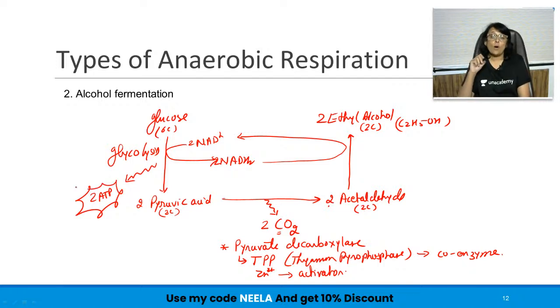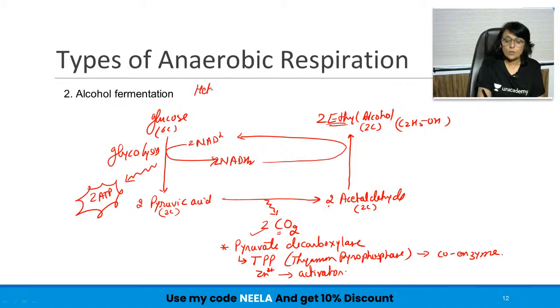So when we talk of alcohol fermentation, what are we getting? 2 ATPs. What did we get in lactic acid fermentation? 2 ATPs. What was the product in lactic acid fermentation? Only lactic acid. What are the products here? One is ethyl alcohol and second is carbon dioxide. So this is heterofermentation.